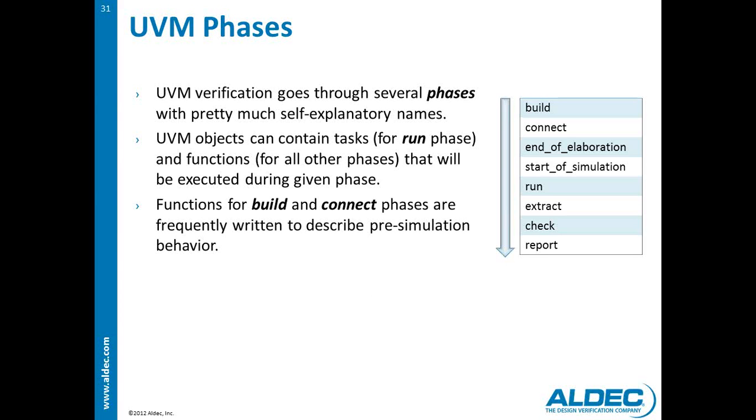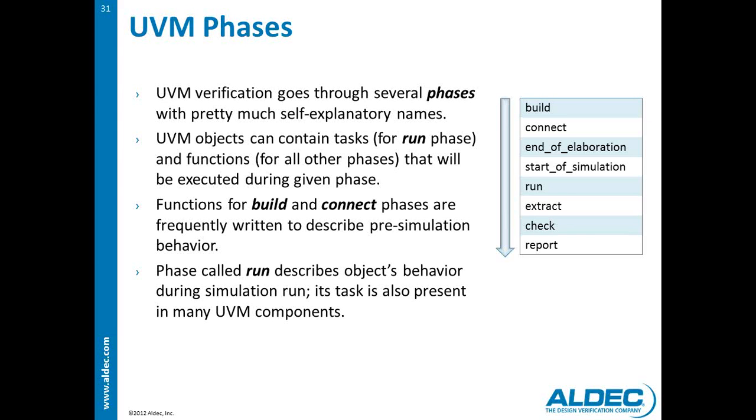If we start in chronological order, functions for build and connect phases are frequently written by UVM programmers, because when you build the structure of your test bench, you definitely want to create new components and connect them properly. And again, it happens in those functions.